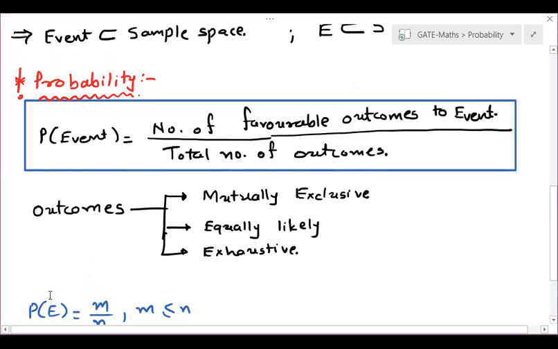So what is the meaning of exclusive, equally likely and exhaustive? So see, mutually exclusive. Let us take one example of coin only. Students, what is the meaning of exclusive? If you are watching any news channel, right? Suppose today you are watching this Aaj Tak news channel. This is your Star news channel. Okay.